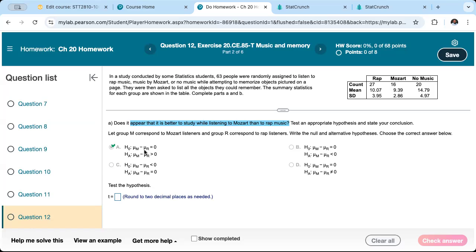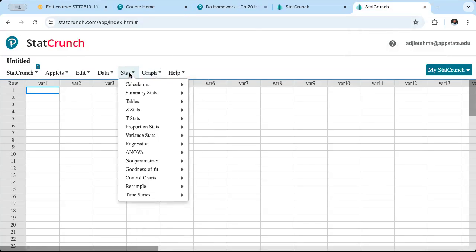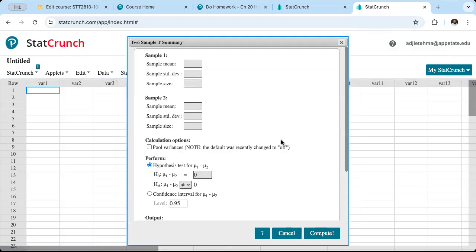Now I can go to StatCrunch and input the values there. So we go to Stat, T Stats, Two Sample, With Summary. The sample mean for the first one is 9.39. The standard deviation is 2.86. The sample size is 16. The sample mean for the rap music is 10.07.